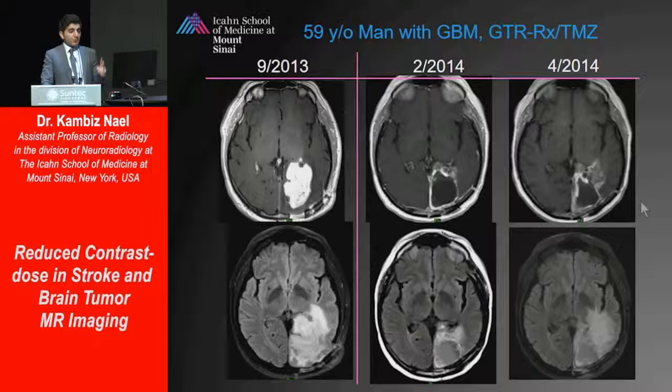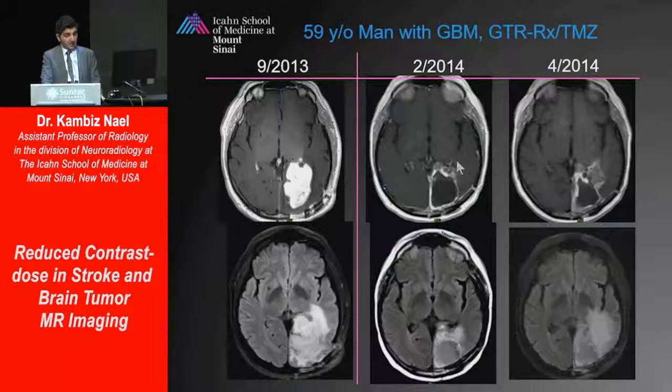So I'm going to end with 2 clinical examples here showing how, again, the Bayesian technique can help me to evaluate my low-dose DSC perfusion. So this was a 59-year-old man with GBM, gross total resection, and treated with radiation and temozolomide. These are follow-up sequential images.